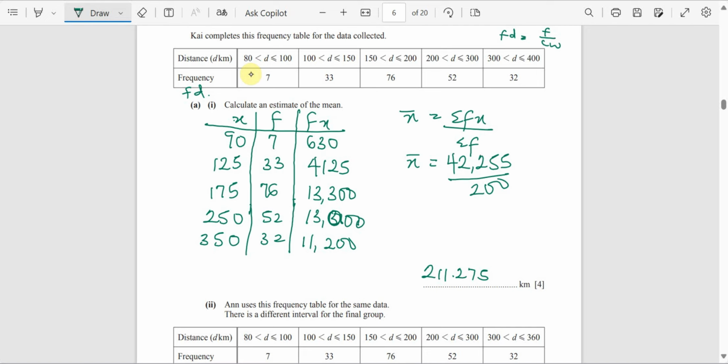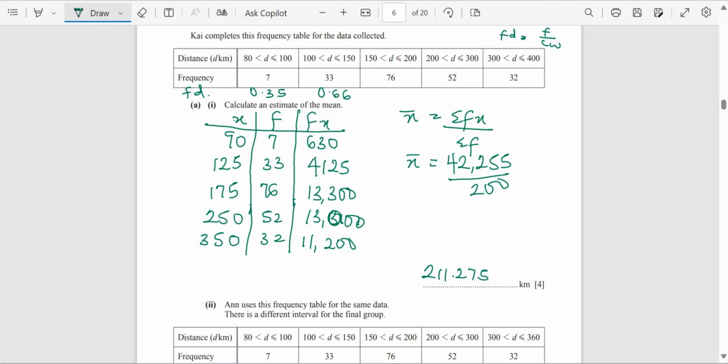So let's go. For this first one, it's going to be 7 divided by 20, and that's 0.35. How did we get 20? That's 100 minus 80. That's the class width. So the next one will be 33 divided by 50, and that's going to give us 0.66.